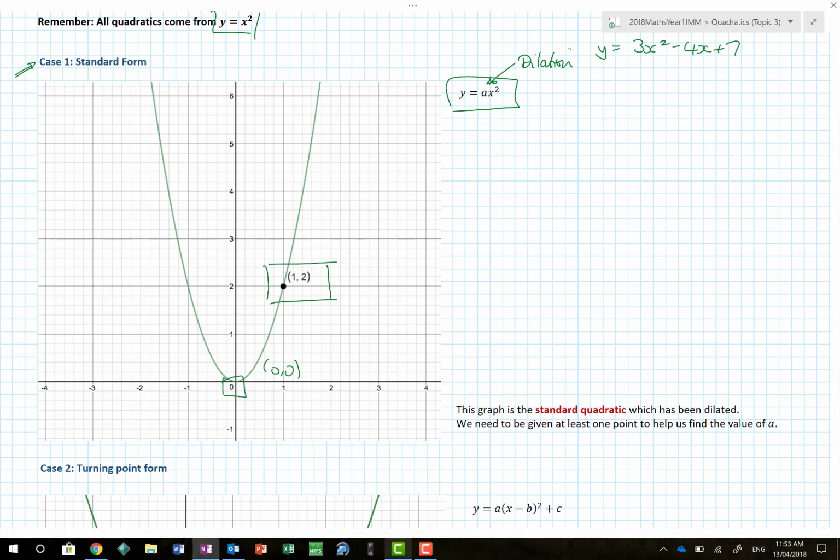If it were, then the value of x equals 2 would have crossed through the value of 4. It blatantly doesn't, so it must be dilated. We need to find the dilation. To be able to do that, we need to be given an x and a y value. How do I get an x and a y value? An x and a y. Oh, hold on a moment. That's a coordinate. Yay! As long as they give me one coordinate.